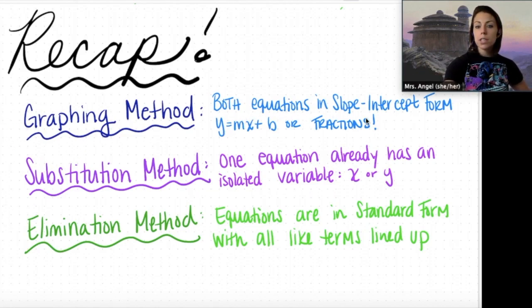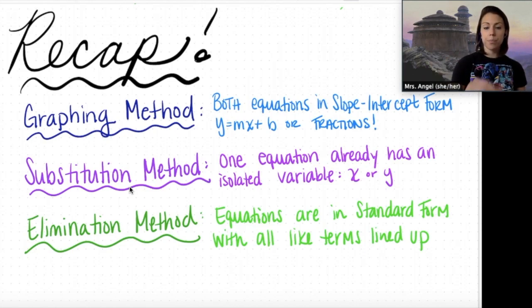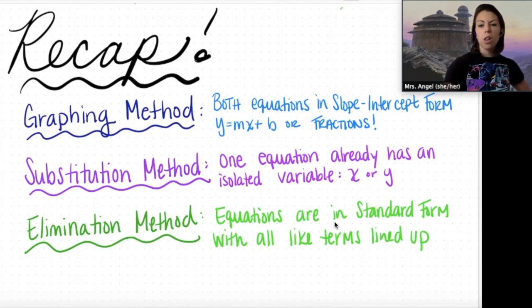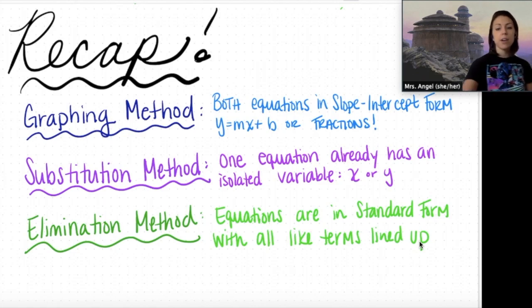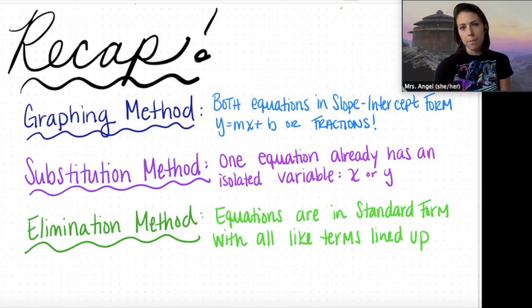So if both equations are in slope-intercept form or you see fractions, graphing is going to give you the least amount of headache. That's the best time to graph. If one of the equations already has an isolated variable of x or y, then substitution might be the best way to go because that's a pretty simple step of substituting and solving. And finally, if both equations are in standard form with all of those like terms lined up, x's on x's, y's on y's, etc., then it's best to use the elimination method.